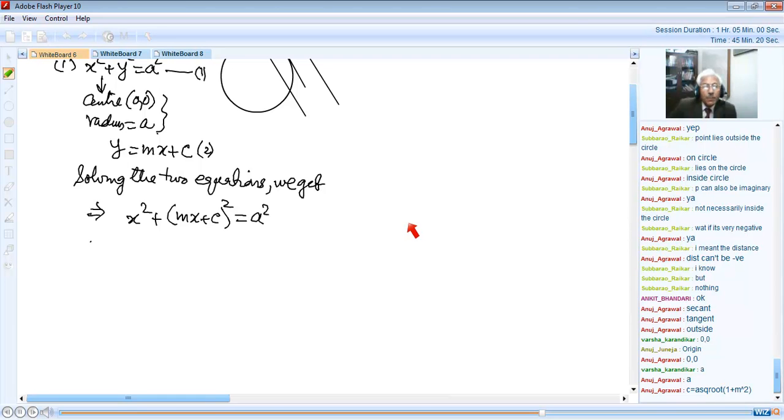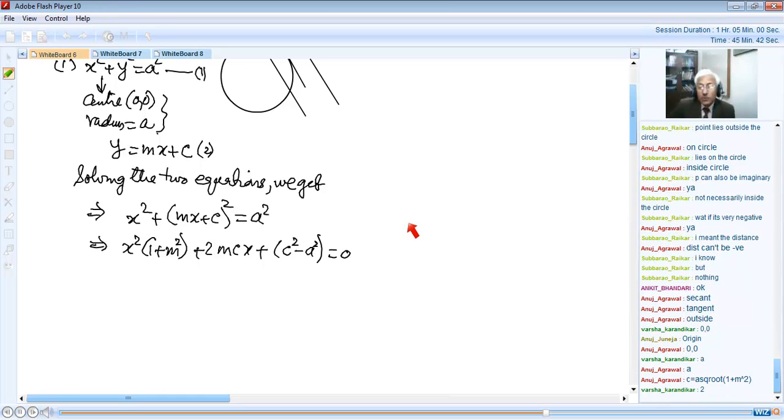That gives x square into (1 plus m square) plus 2mcx plus c square minus a square equal to 0. Clear? How many values of x does it give? 2 values of x. So x1 plus x2 is equal to minus 2mc divided by 1 plus m square, and x1 x2 is equal to (c square minus a square) upon 1 plus m square.